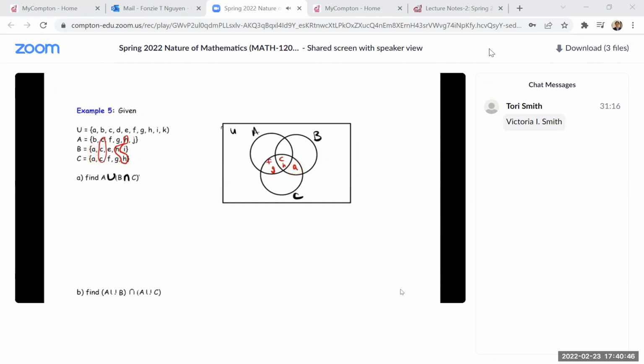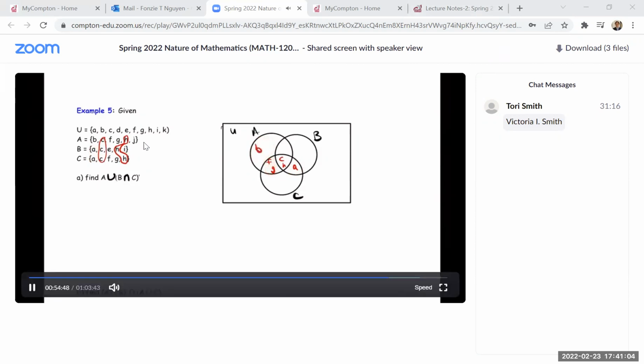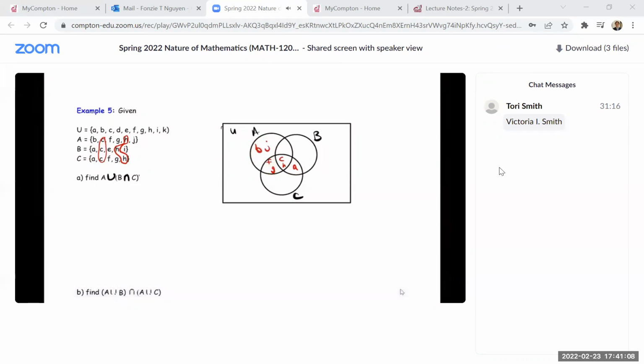All right, now we have to fill out the rest of the stuff. So what's going to go in just A? F. We already have the F and the G here, so it's just going to be B and J, right? The B and the J. All right, what's going to go in just B?